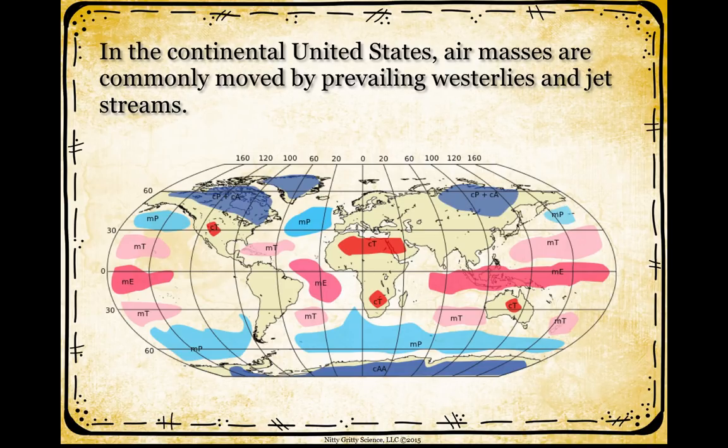If our weather is coming from the northwest, think about the northwest is Canada, Alaska, it's going to bring down some cooler temperatures. If our air masses are moving from the southwest, however, it's going to bring up warmer temperatures and maybe a little bit more moisture.